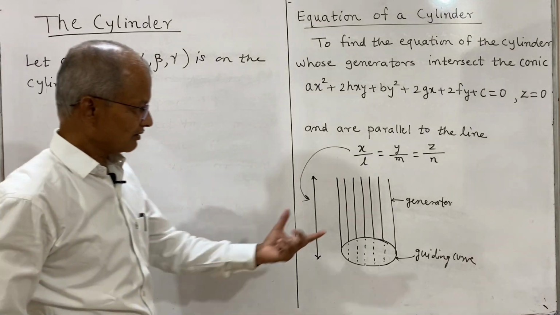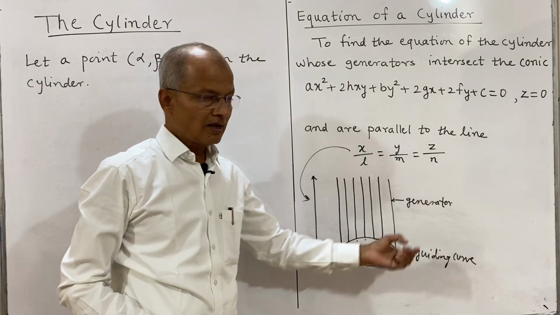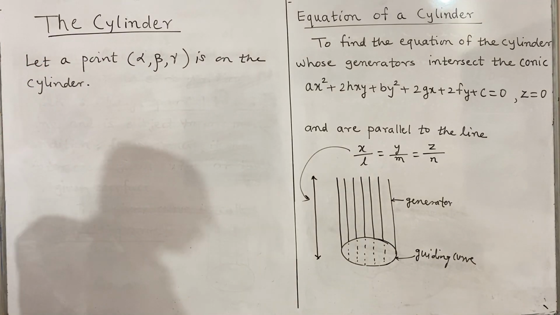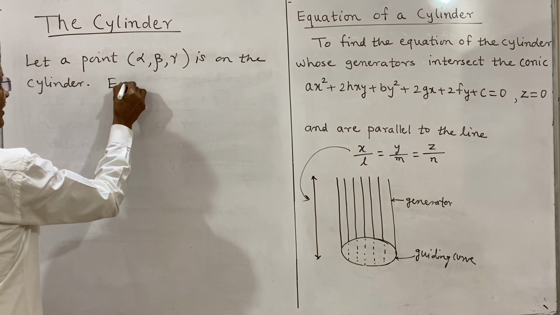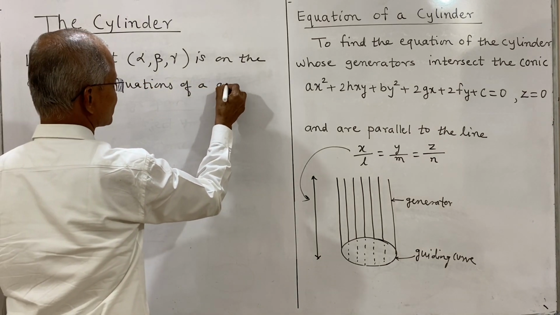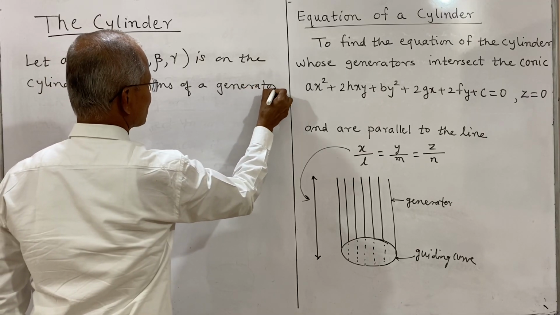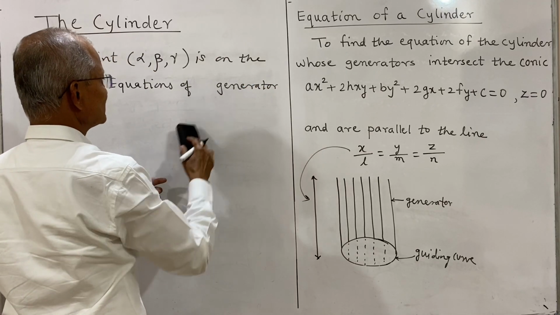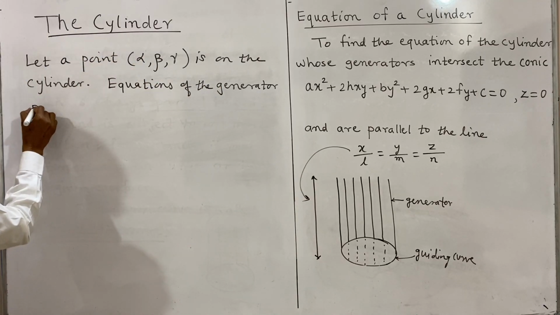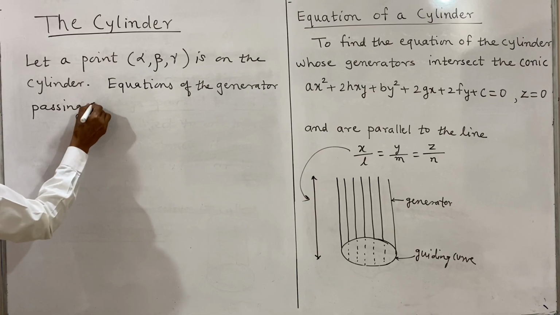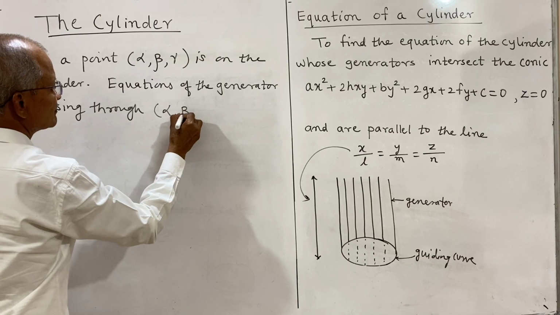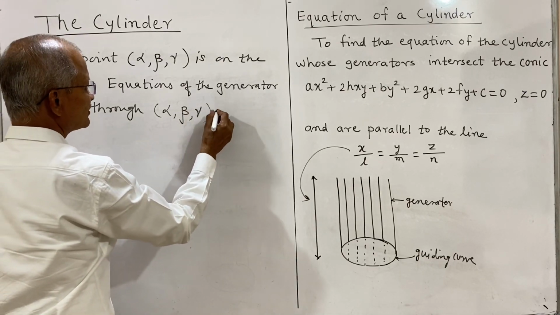Any point on the cylinder lies on a generator. So therefore we shall write the equations of the generator passing through (α, β, γ).